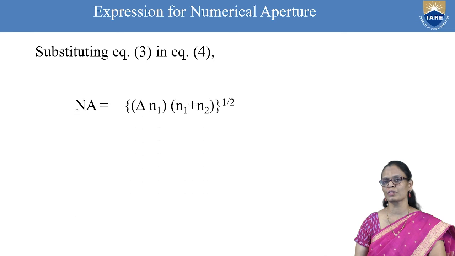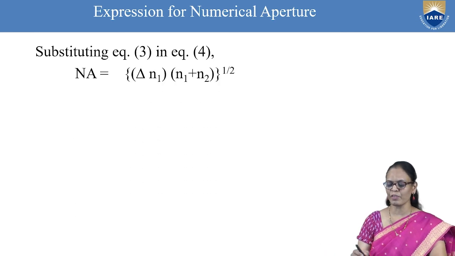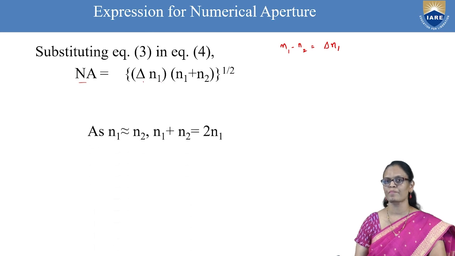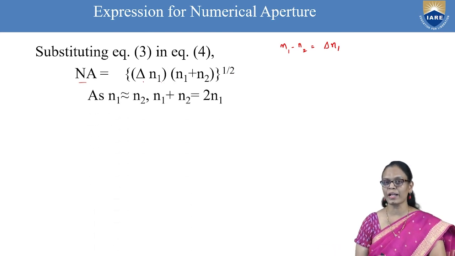Now let us substitute 3 in 4. We have n1 minus n2 is equal to delta n1. So substituting, we get numerical aperture as delta n1 into n1 plus n2, whole power half. Now we make an approximation.